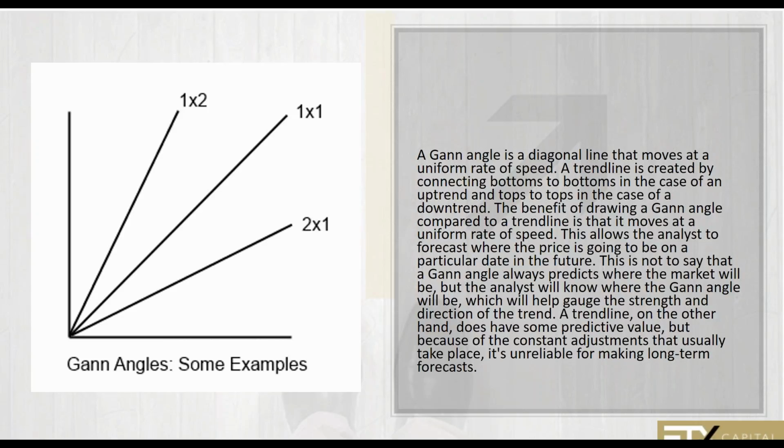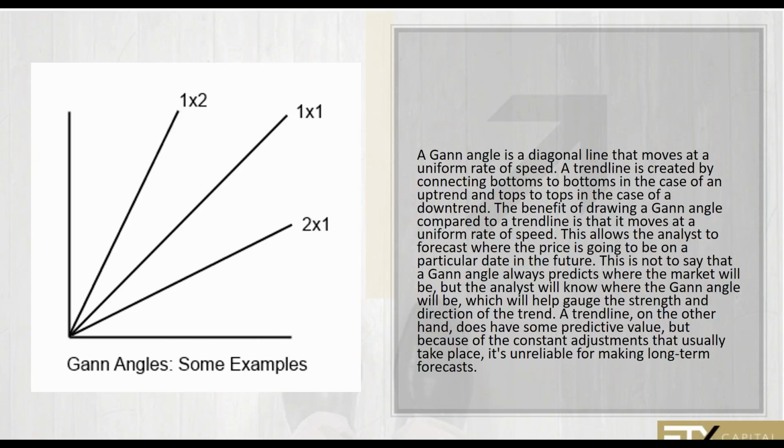The benefit of drawing a Gann angle compared to a trend line is that it moves at a uniform rate of speed. This allows the analyst to forecast where price is going to be on a particular date in the future. This is not to say a Gann angle always predicts where the market will be, but the analyst will know where the Gann angle will be, which will help gauge the strength and the direction of a trend.